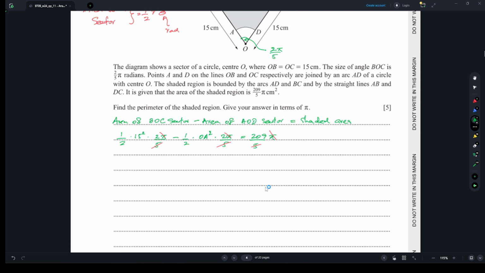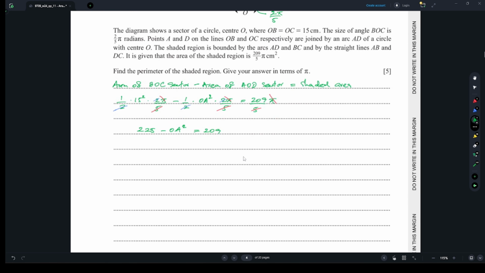So here we can cancel pi, and also we can cancel 5. So with that we can simplify, and even we can cancel 2 also here. These 2 and these 2 cancel. So 15 squared, 225, minus OA squared equals 209.